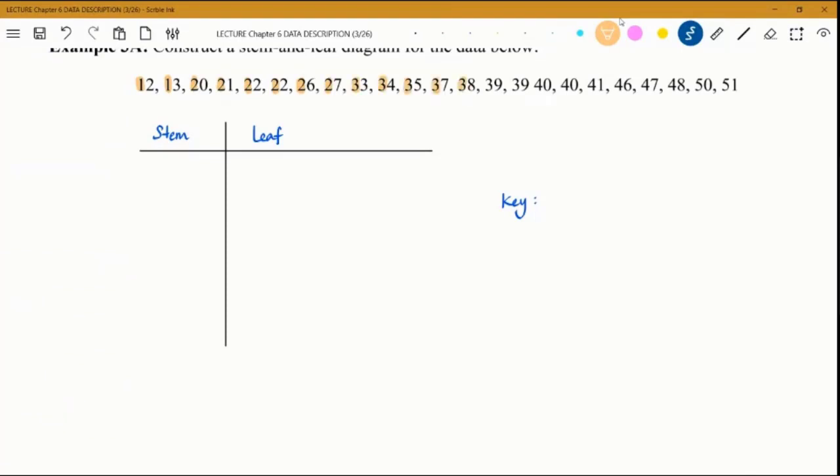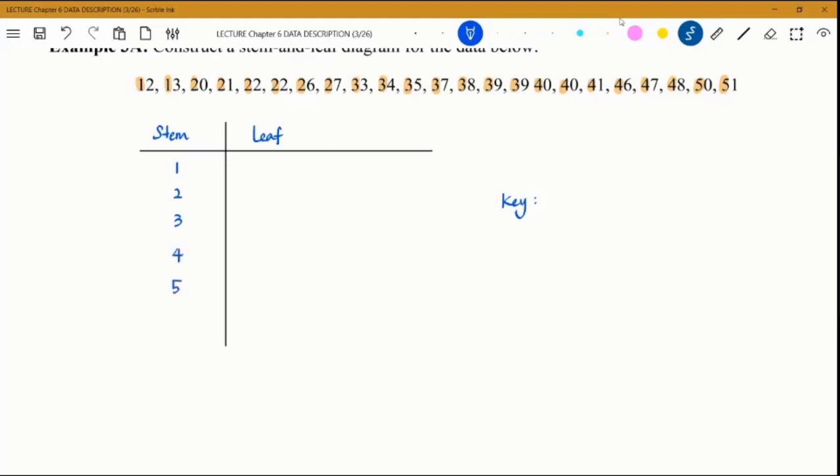Okay, because this one we have 2 digits. So we're going to have 1, 2, 3, 4, and 5.